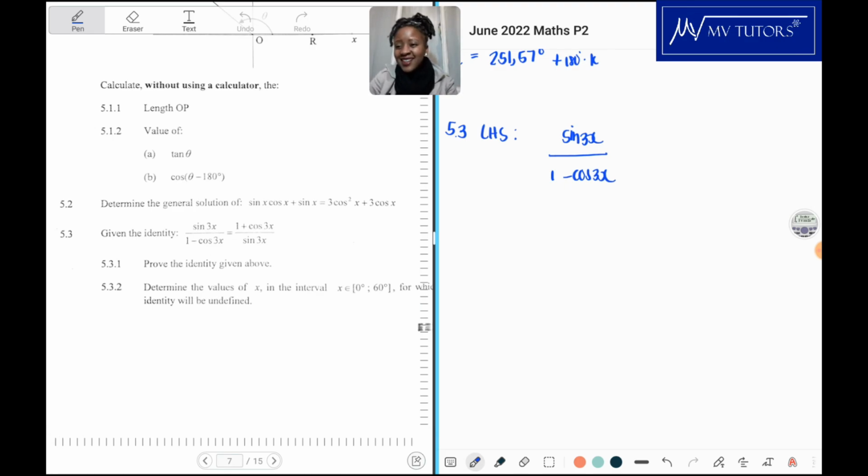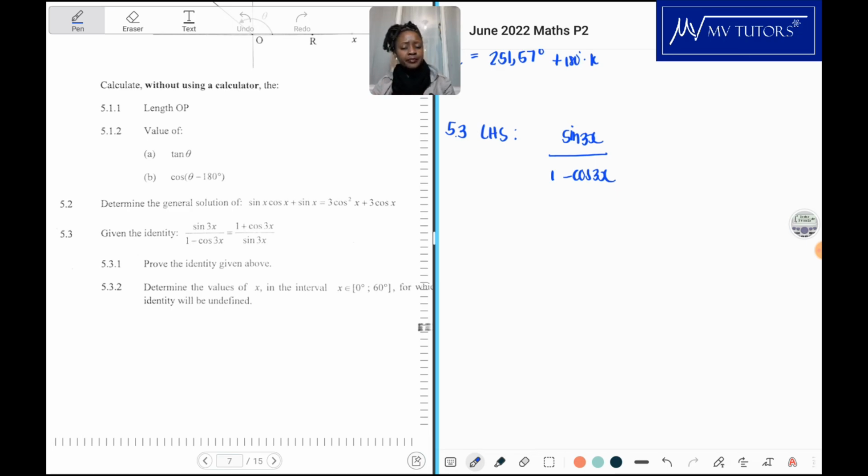Okay. So how are we going to make the left-hand side equal to the right-hand side? Basically, first of all, I want sine 3x to be in the denominator, and then I want 1 plus cos 3x to be in the numerator. So here's what I'm thinking.